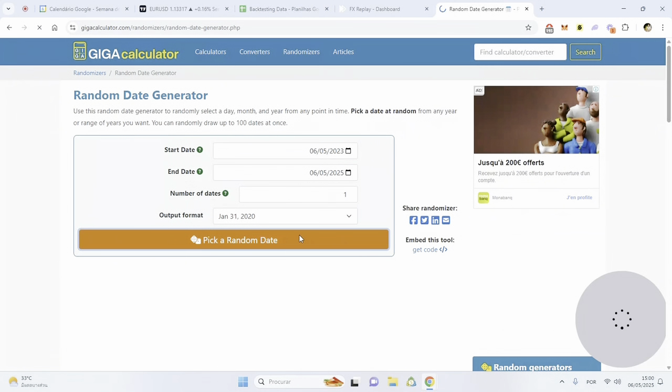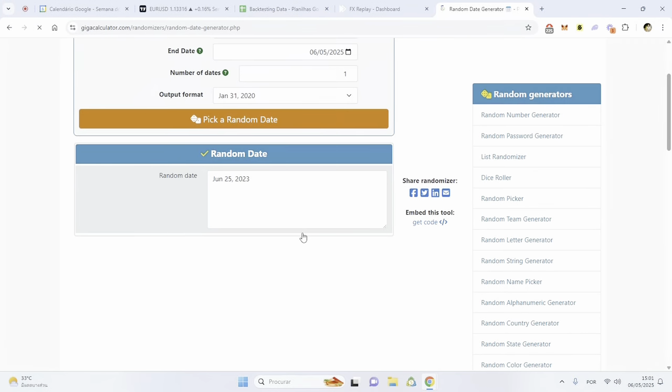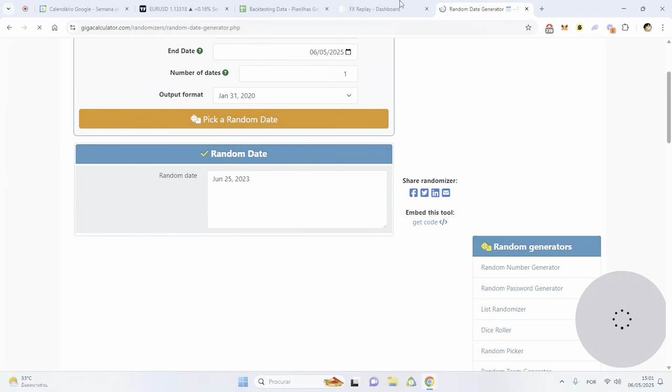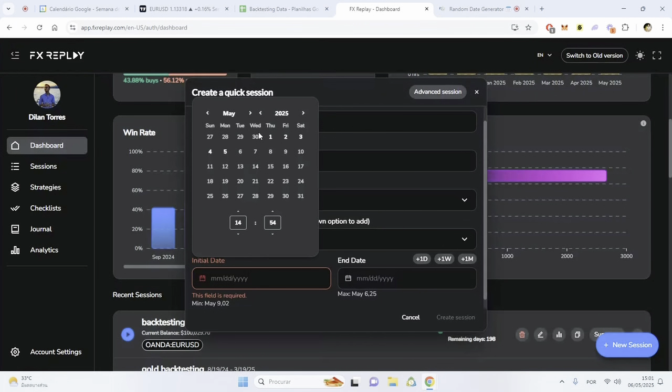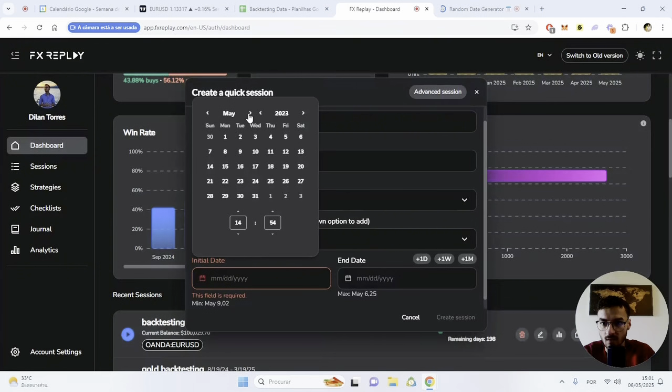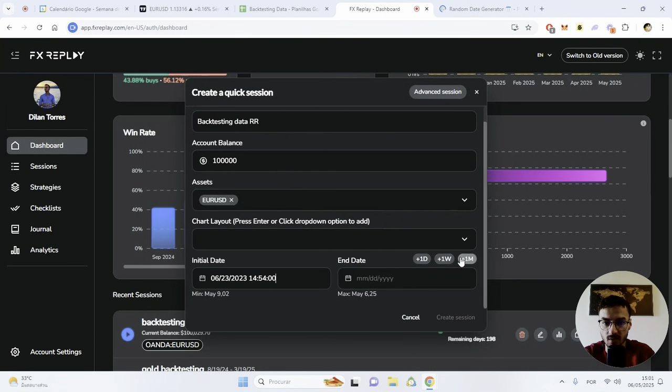I'm gonna simulate this right here. 5 June 2023. I say that because I'm only going to do like 3 or 5 trades or something like that. But yeah, you boys got to do it with way more.